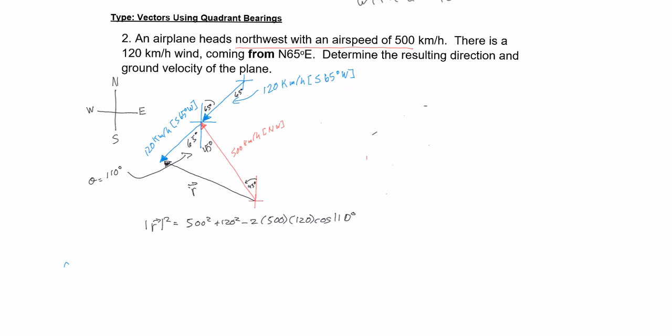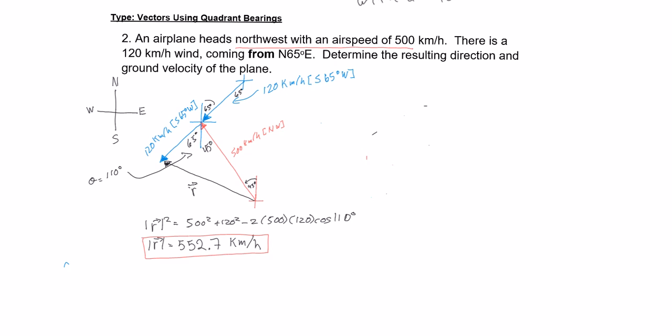After doing all of this, we calculate the magnitude of R to be the following. Now, R is 552.7 kilometers an hour. That is its magnitude. So now let's calculate the angle that we need for this green value here.